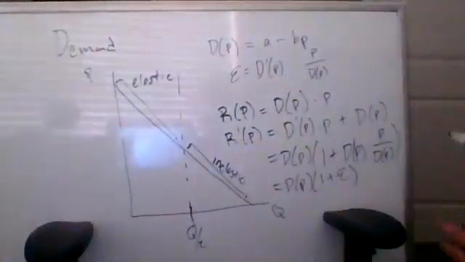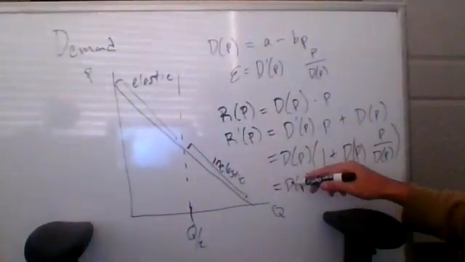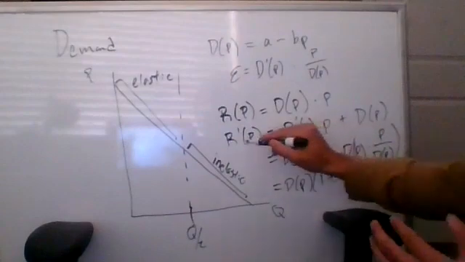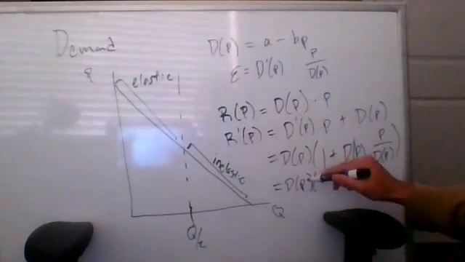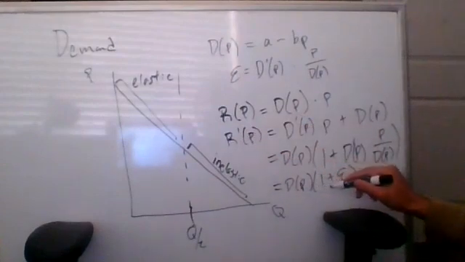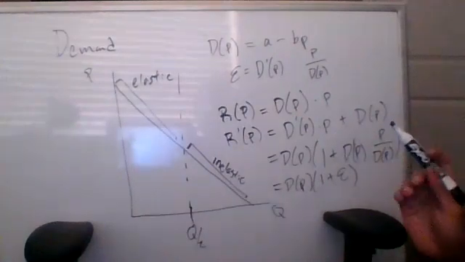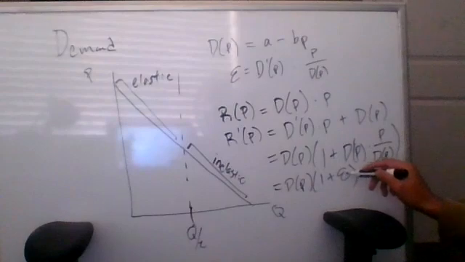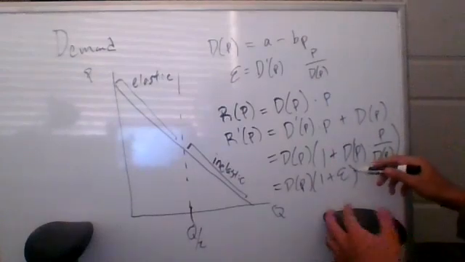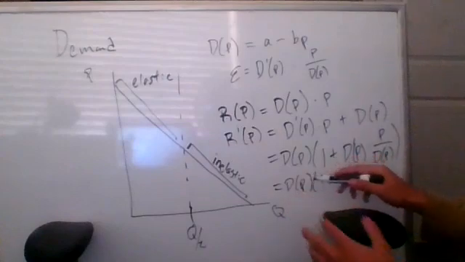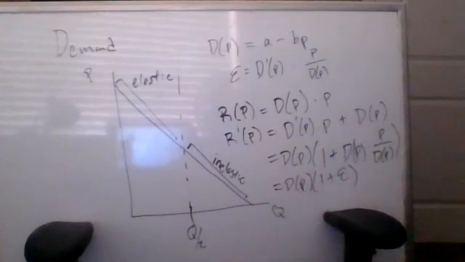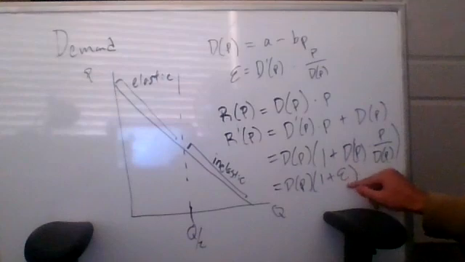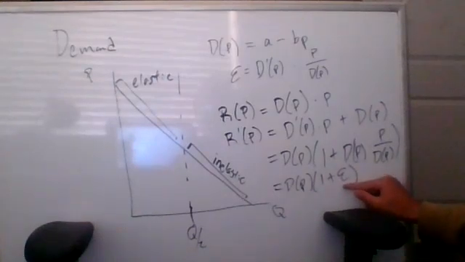And so if we think about it, my revenue is a function of the demand and elasticity, right? Which means that if something is inelastic, then this value is going to be between 0 and -1.